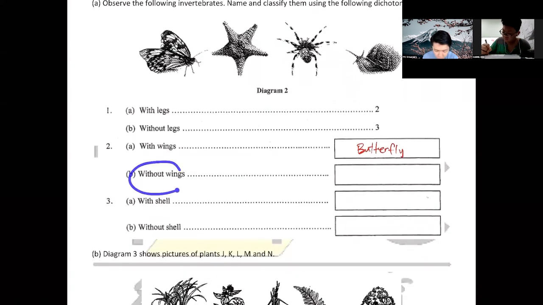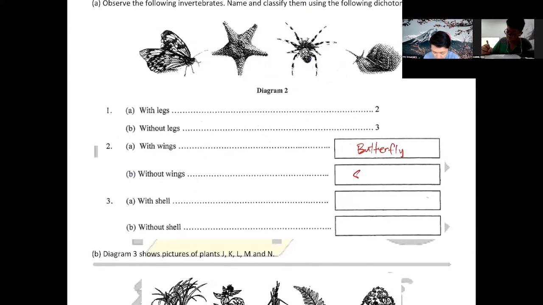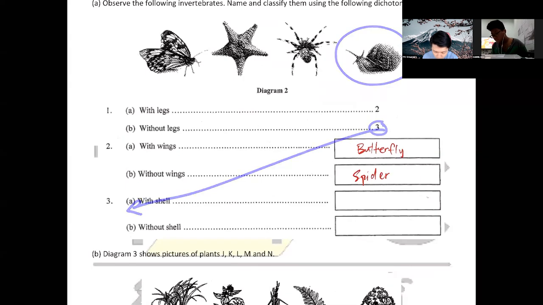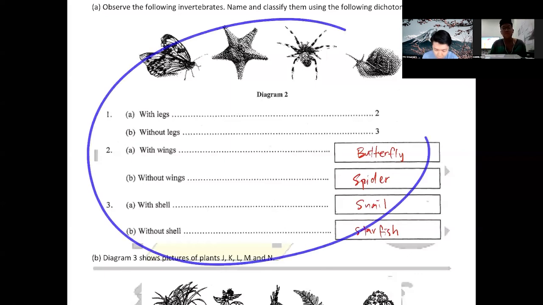And without wings, out of these two will be the spider. Yeah, okay, right. And then with shell, so obvious, that will be number 3. Go to number 3, and then with shell will be snail, and without shell will be starfish. Okay, so it's always going to be like that.